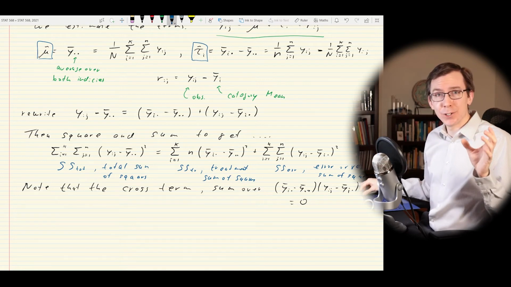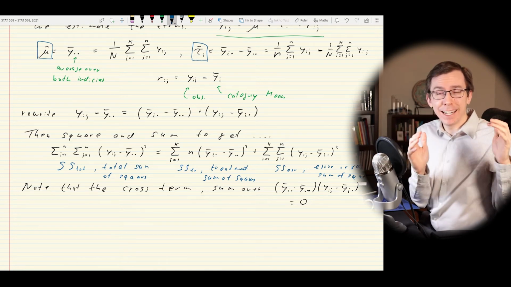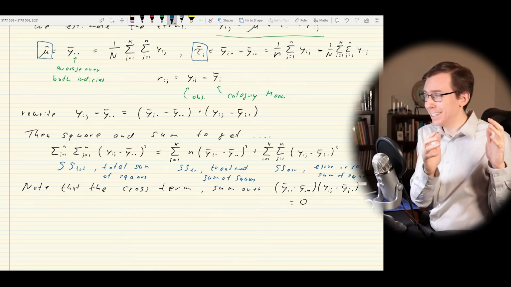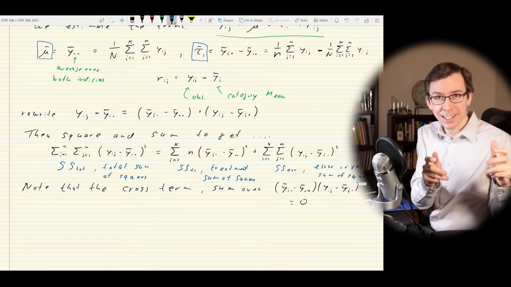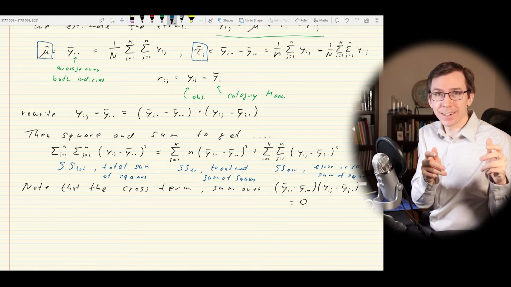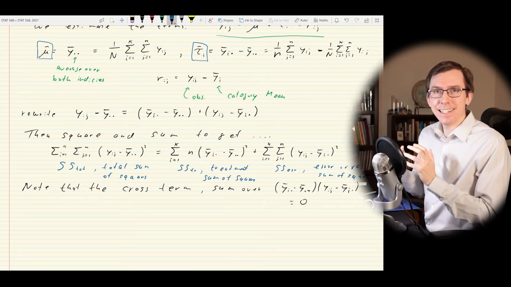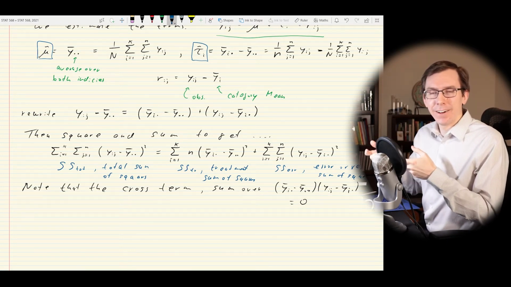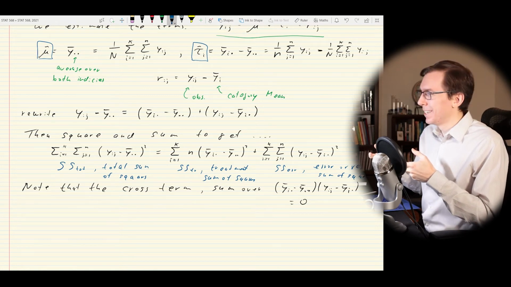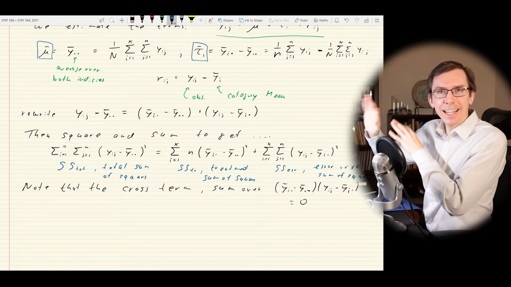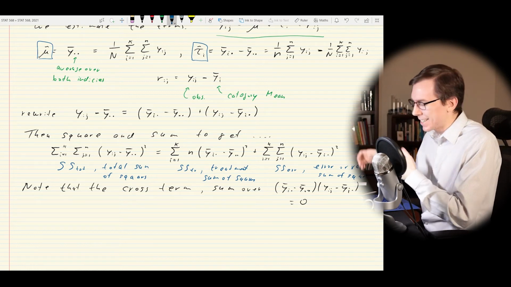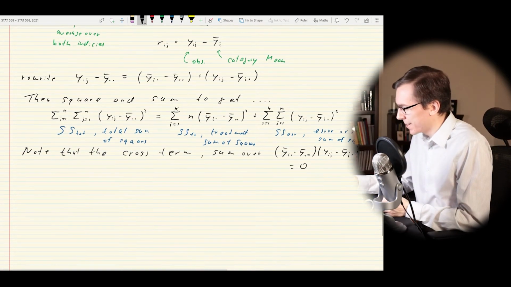And we're breaking it up into two separate pieces. The first is the variation coming from the treatment, the treatment sum of squares. The second piece is the unknown variation, or the variation coming from everything else that's not part of our experiment. That's the error or the residual sum of squares.